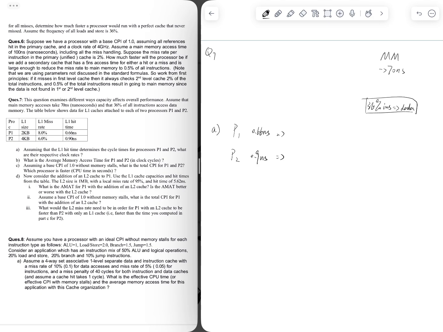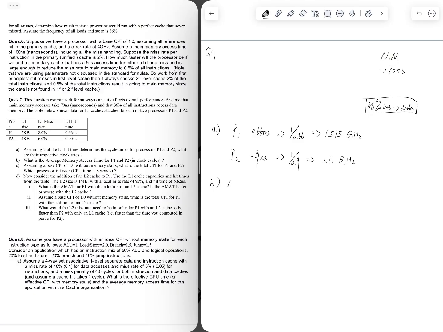And when you take the reverse, it will give you this kind of GHz, right? It's 1.11 GHz. So this is the clock rate. Okay, so part A is quite easy. Let's go to part B.